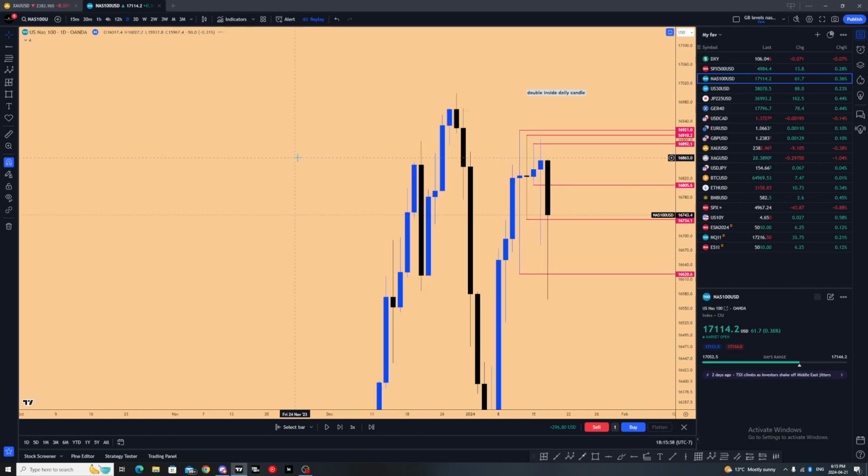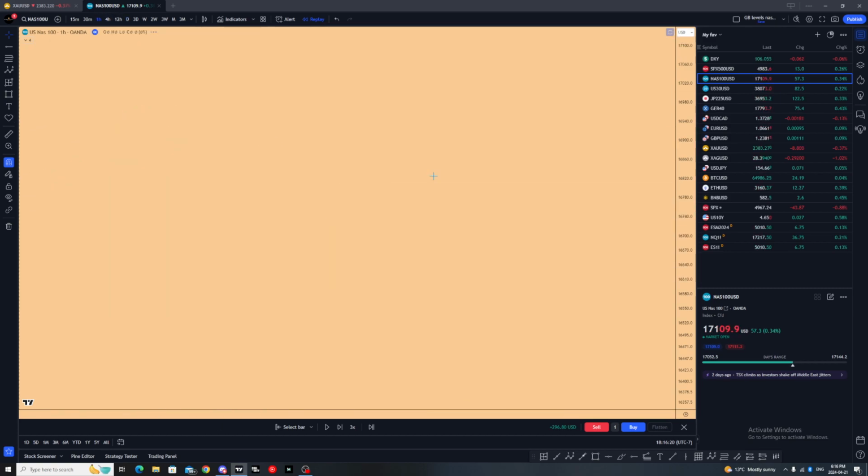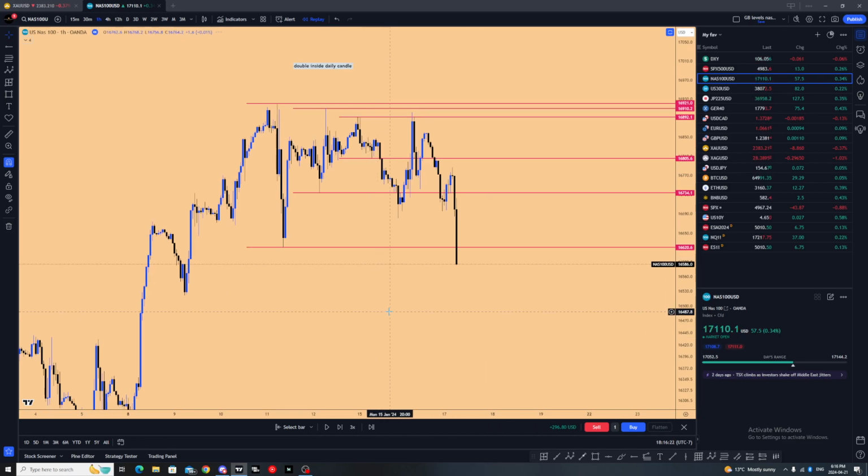Because when I look at the daily candle, this high and this high are still intact, right? It did not actually make a run up on these equal highs over there. Instead, it ran this internal double inside daily candles high where I shorted it and I targeted this low and this low over here. Okay, so once that low was ran out, that's where you can look for long entries in the market.